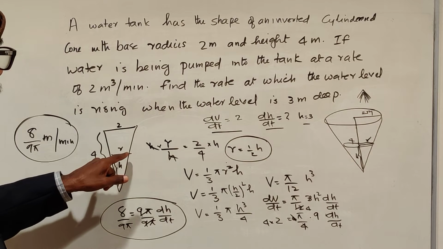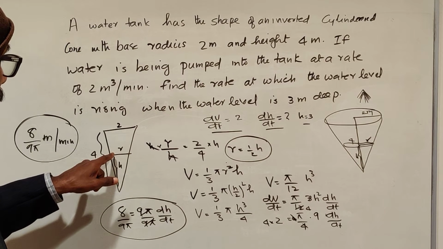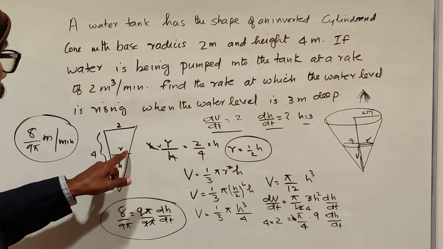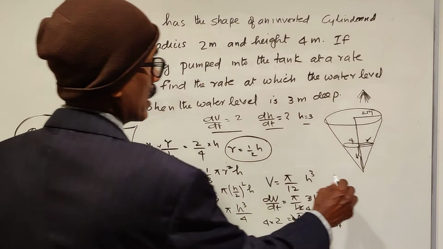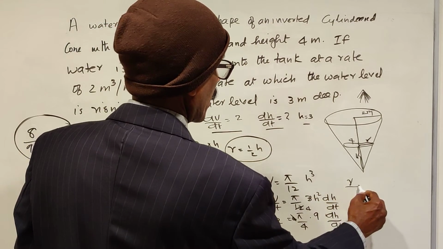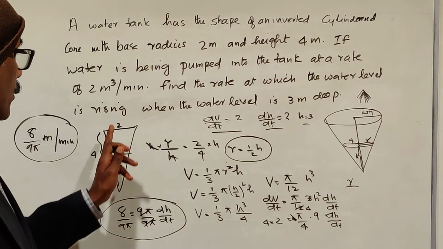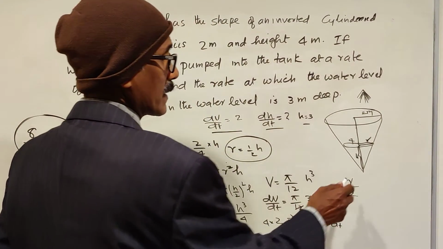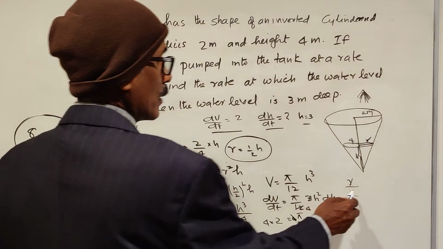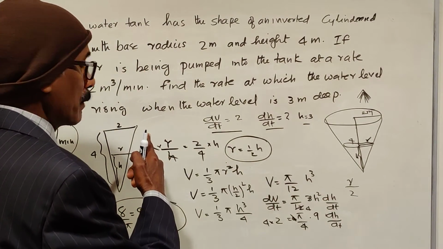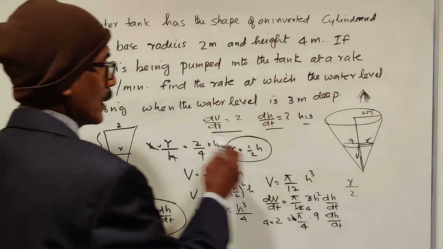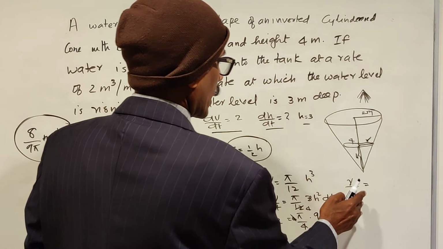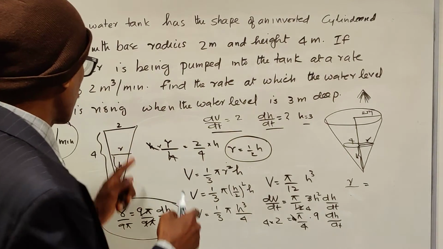That is, base of the smaller one divided by height of the smaller one. Small r divided by h. Small r is the base of the smaller one, 2 is the base of the bigger one. Then, here I write in a different way.